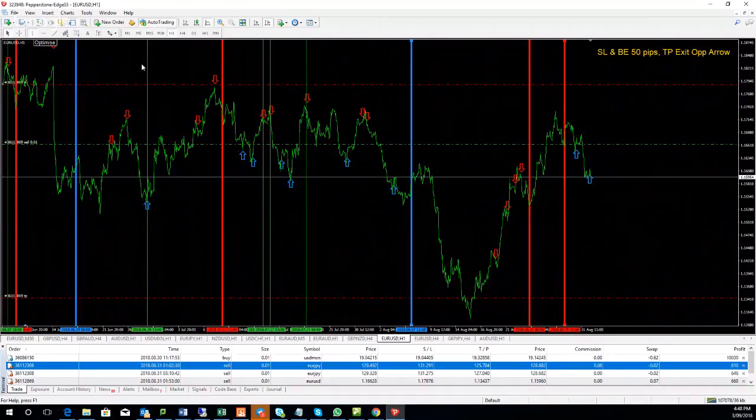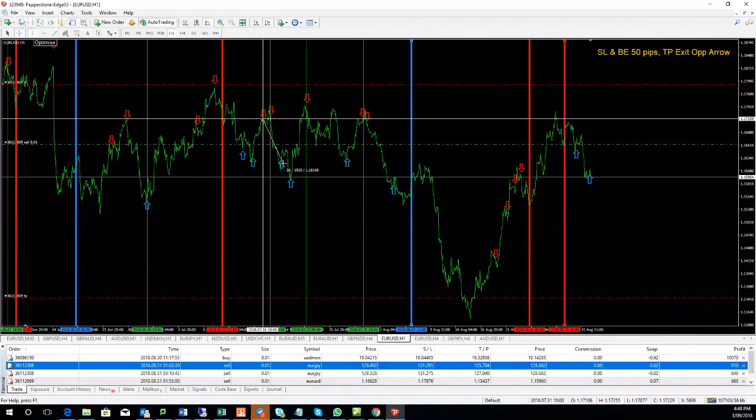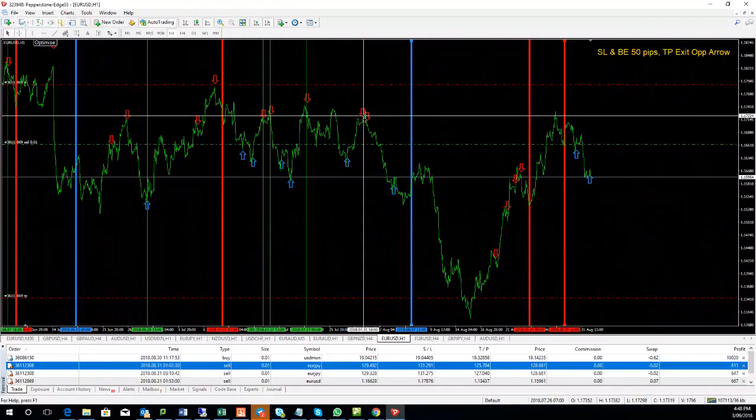Anyhow, guys, you get the idea. So looking at 80 pips on that one. About the same for that. Nice trade there, 130 pips.